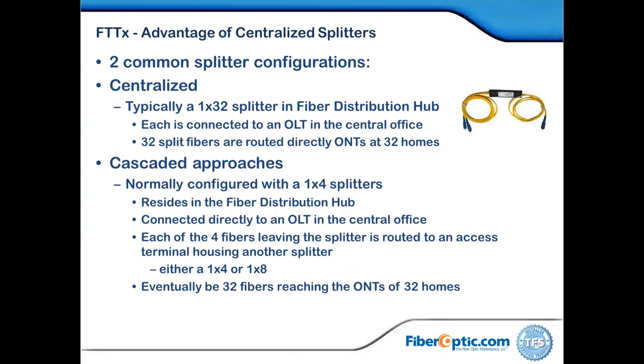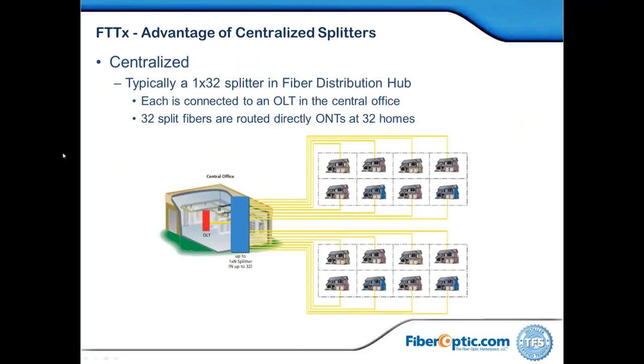Now, we started out just a few minutes ago with the advantages of centralized splitters. And there are two common configurations, as we said. Central, everything's back at the office, and cascaded, in which they're brought out to the field and split at various convenient points. But eventually, 32 homes can be fed from one single mode fiber.